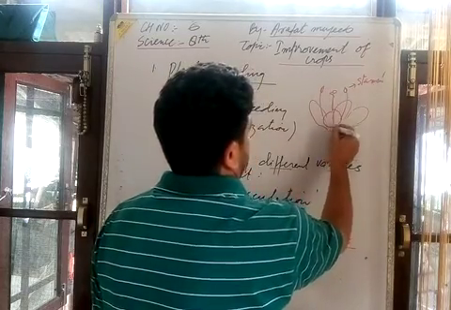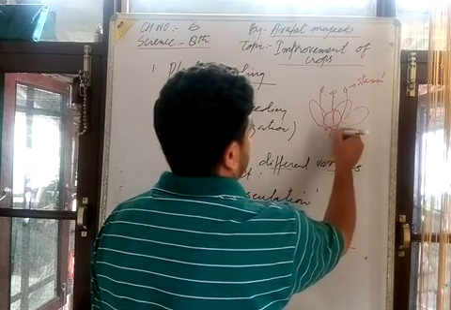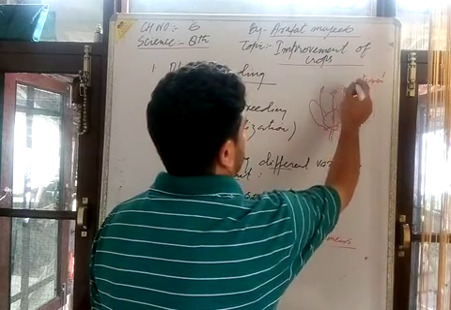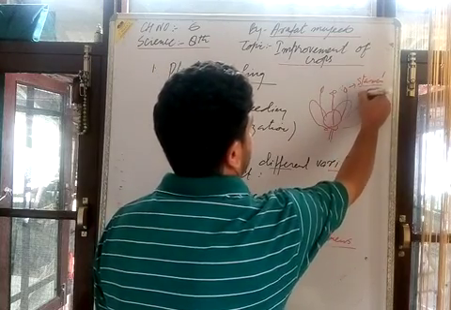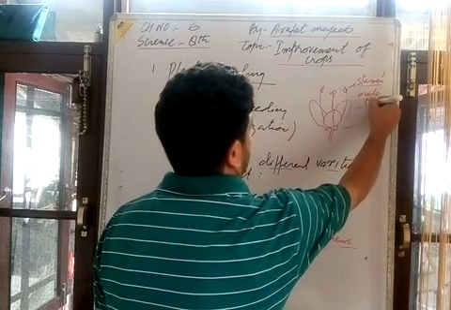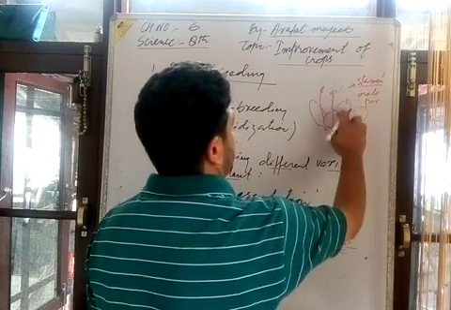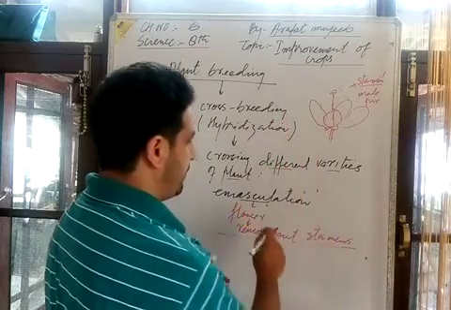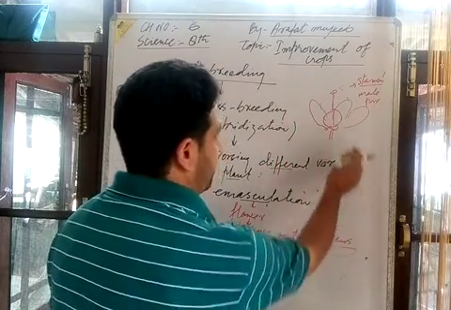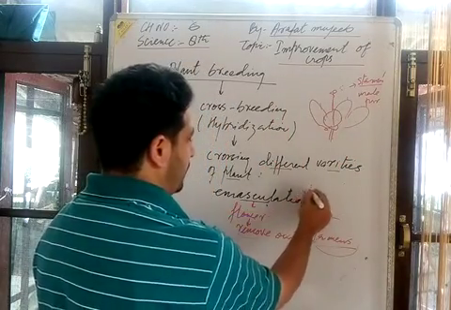Here there are the ovary and the pistil, and these are the pollen grains. That means we remove the stamen, the male part. The practice of removing stamens in a flower is known as emasculation.